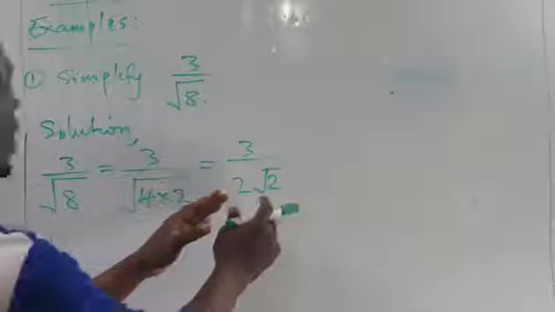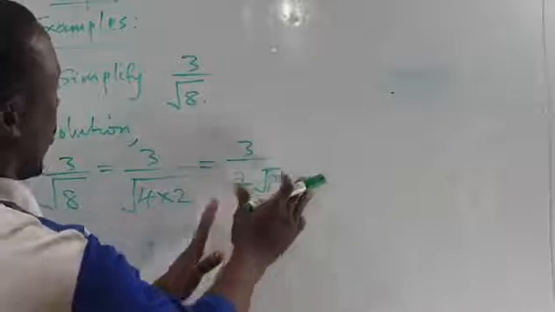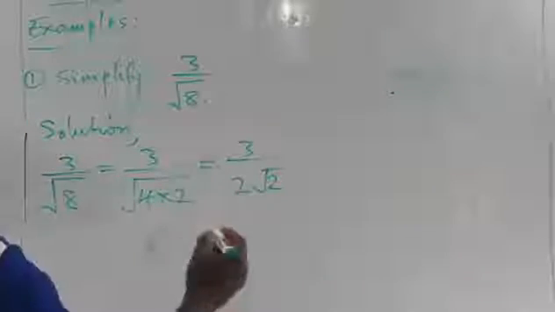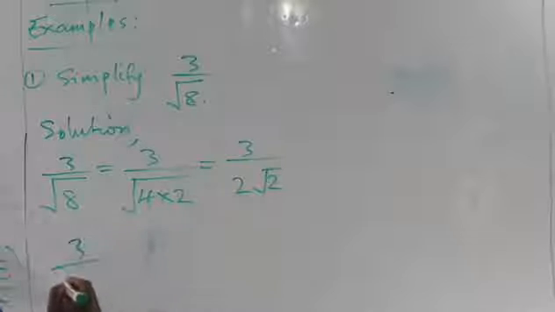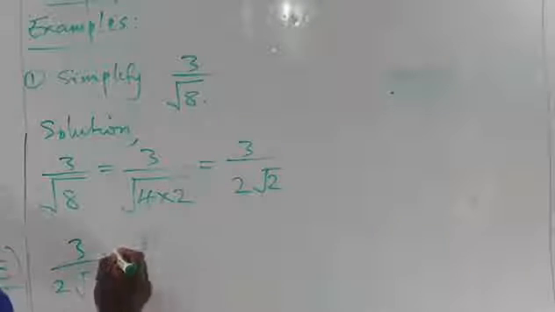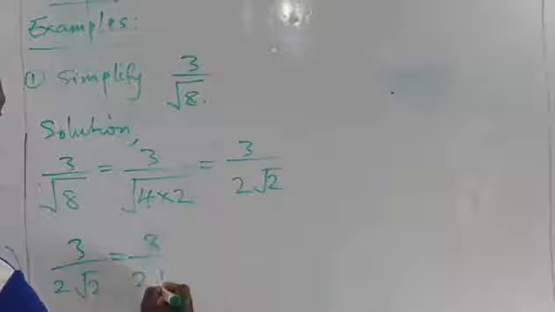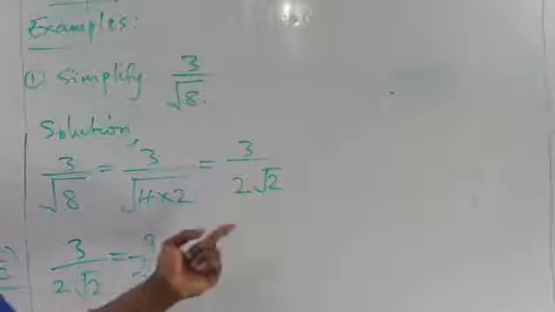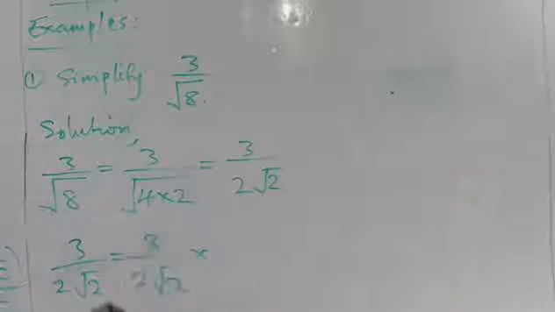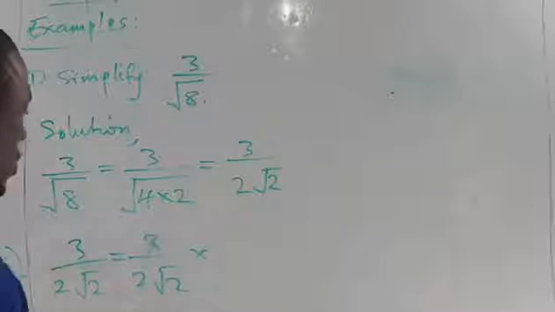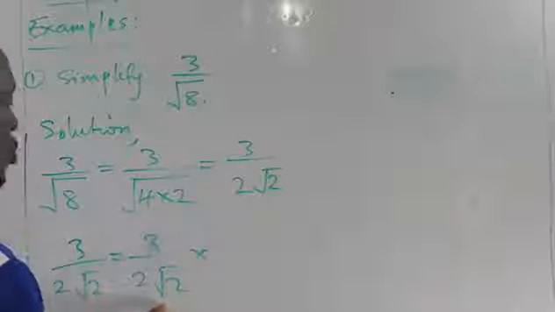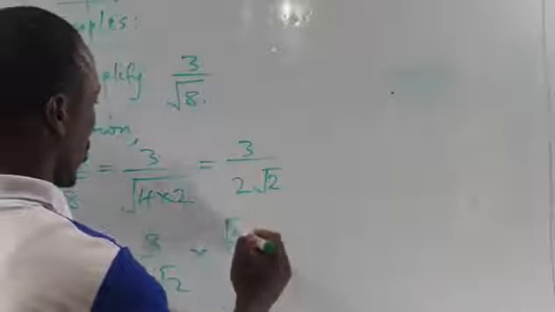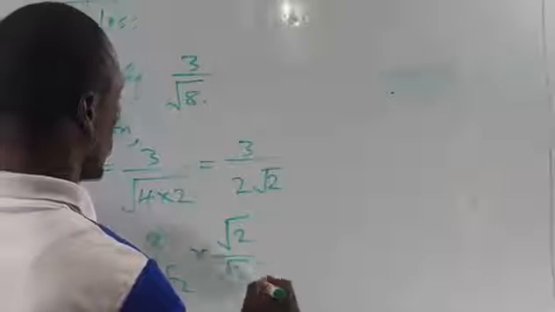We have 2 ways of rationalizing this type of question. You can rationalize 3 all over 2 root 2 as 3 over 2 root 2 multiplied by only root 2, or you can pick the 2 at the same time. We are still going to arrive at the same answer. So first you pick only root 2, so it's going to be root 2 all over root 2.